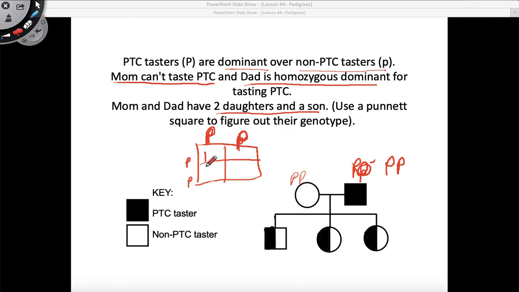So then that means that all of their kids are going to be heterozygous. All the kids are going to be heterozygous. So they have 2 daughters and a son, and they are all heterozygous. Okay. Did you get it right? All right, moving on.